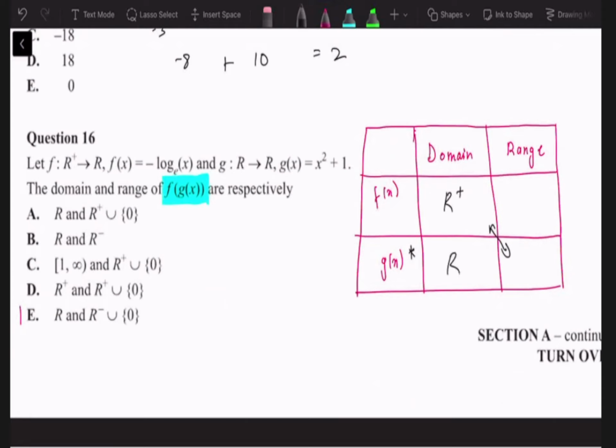And the range of this is like a parabola. It's just going from 1 to infinity. And you can see 1 to infinity is already a subset of the positive reals.